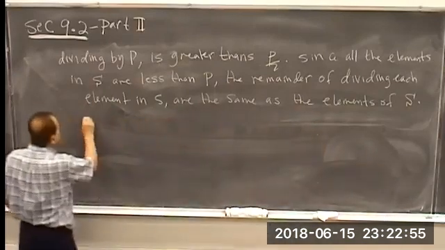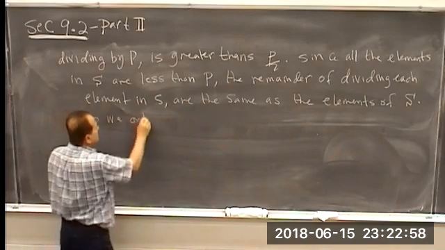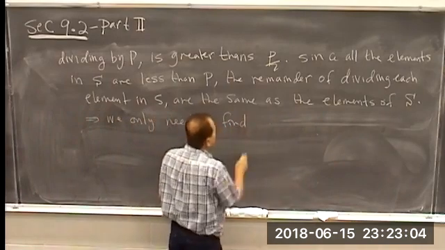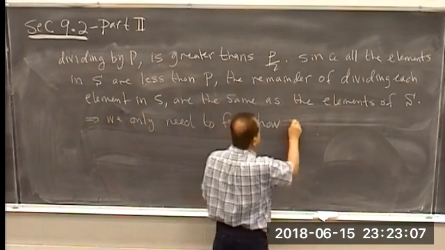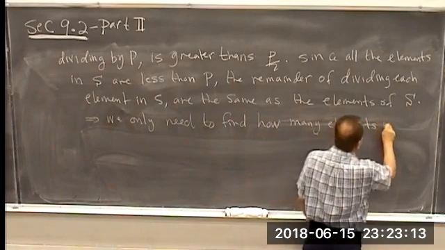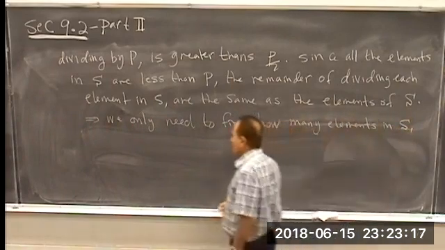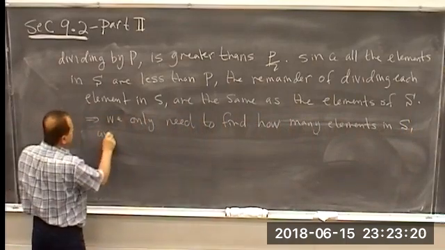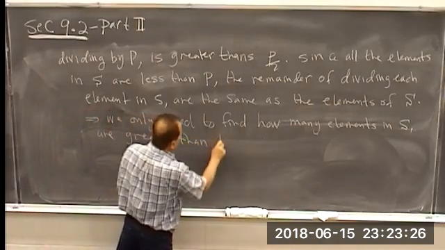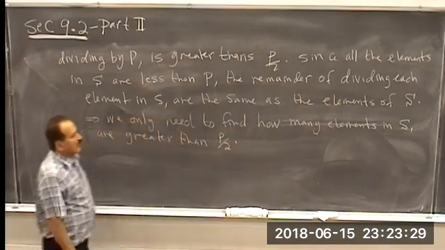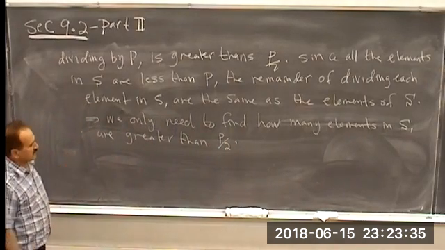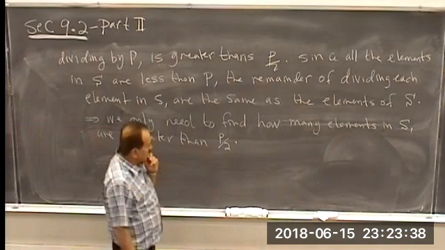So this implies we only need to find how many elements in S are greater than p over 2, to give us n. n is the number of elements that are supposed to be remainders, but since the remainders are the same as the elements in S, it's just the ones greater than p over 2.